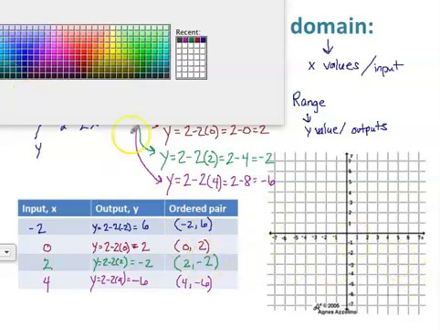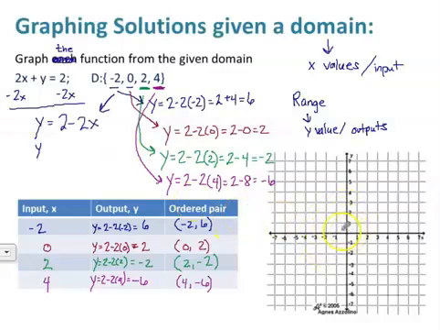Let's do it in blue so it shows up on the graph. I'm going to do all the points in the same color. We start at the origin, go to the left 2, and then go up because it's a positive 6, and here's our point. I can label that.